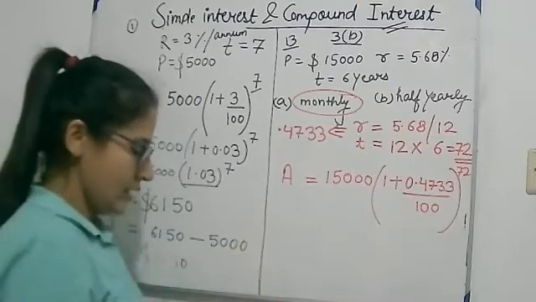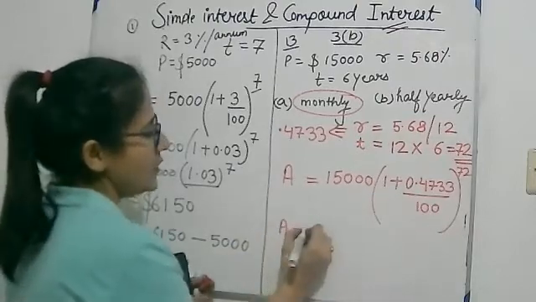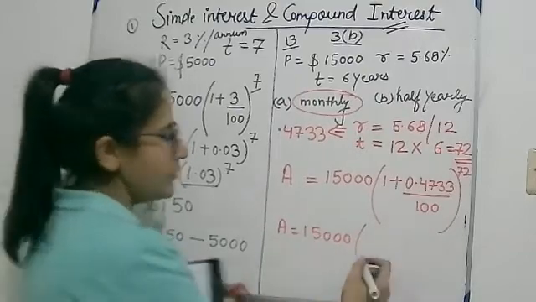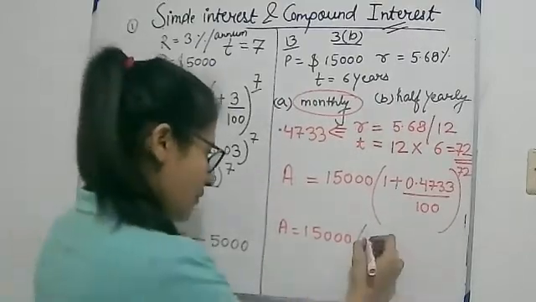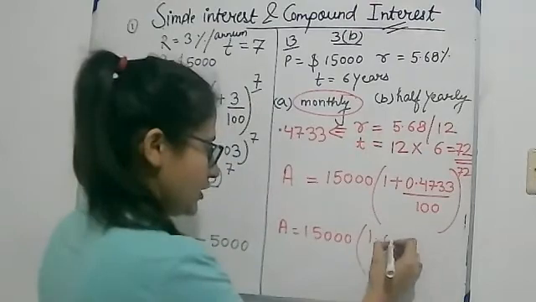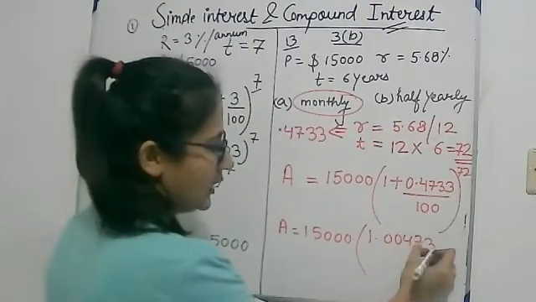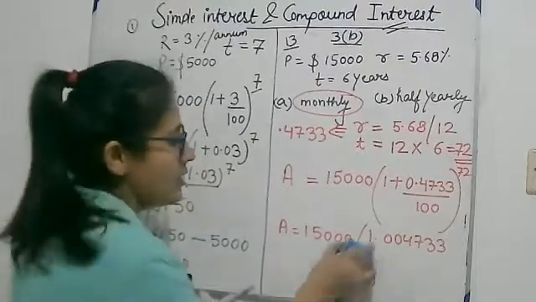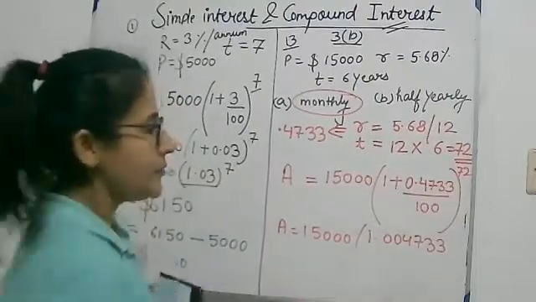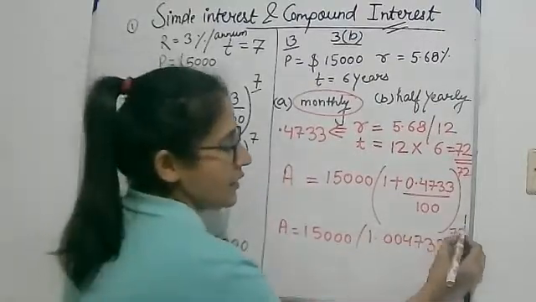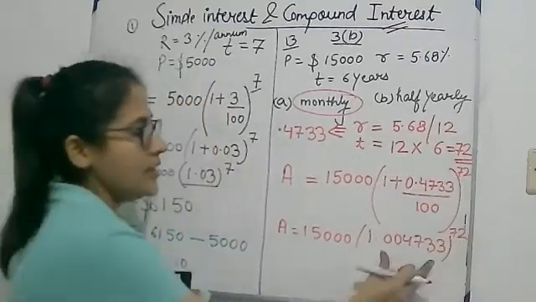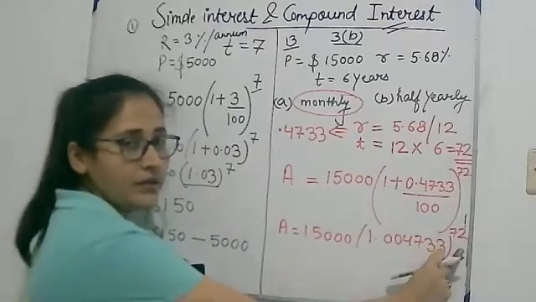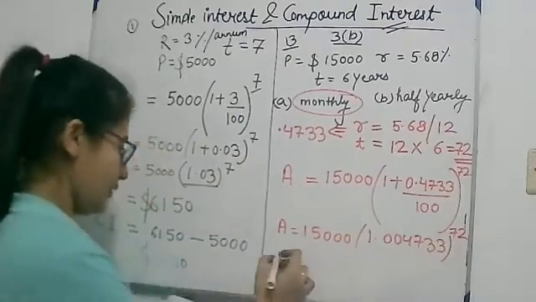Now solve it. A equals 15,000 times 1.004733. I already solved this before. You can use a calculator and solve it. First solve this value to the power 72 and multiply by 15,000.